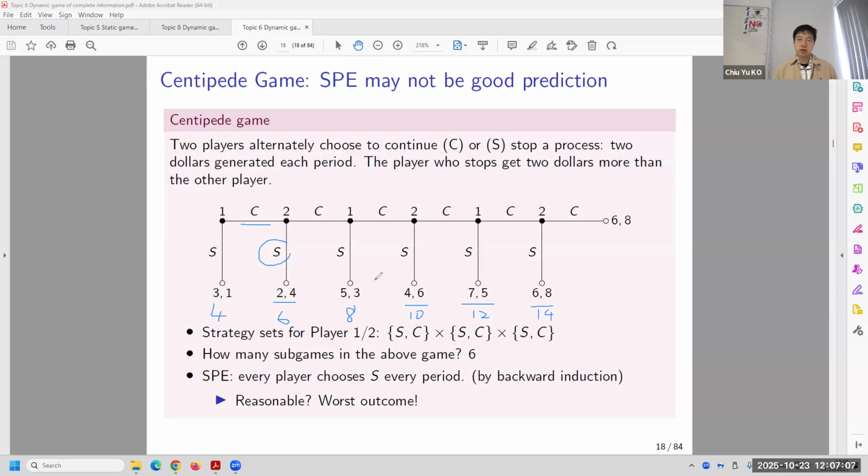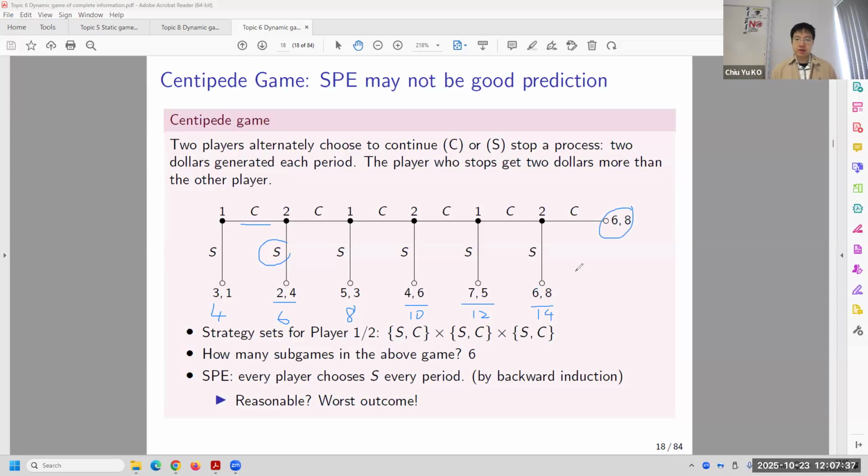Every time, the one who calls stop gets $2 more. Maybe this will be 6, no, this is right, sorry. That's right, and this number doesn't matter anyway.